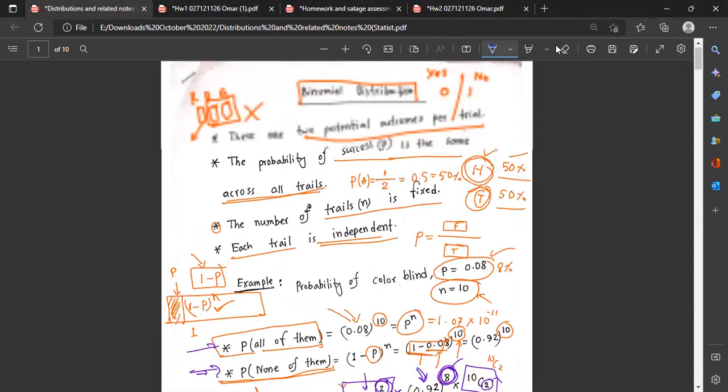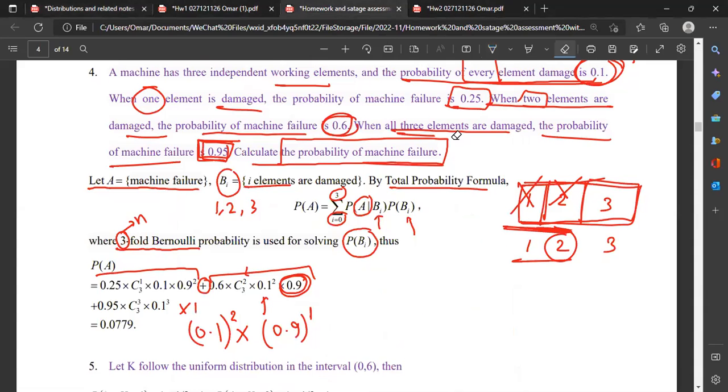If you have a closer look here, you will see that, firstly, the probability of machine failure if three of the components are damaged. So here 3 of them are damaged. So the probability is given 0.95, and then times we are taking 3 of them, right?